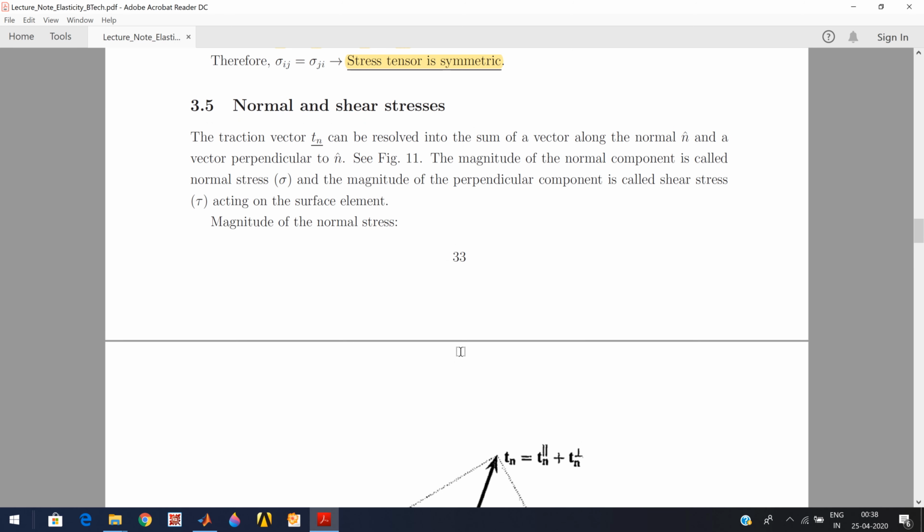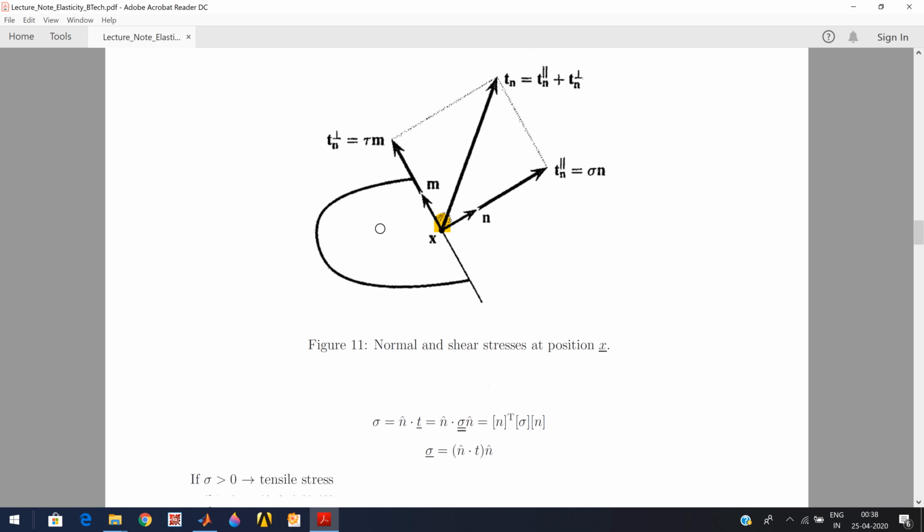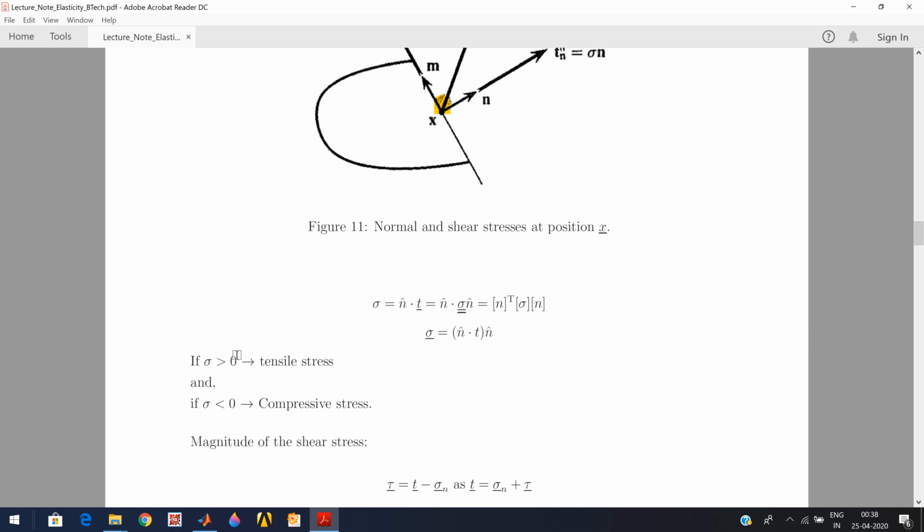That's how these two stress components are defined, and we can see that if the magnitude of the normal stress is positive, then it will be called a tensile stress, and when the magnitude is negative, then it is called compressive stress. So tensile and compressive depending on the magnitude of the stress.